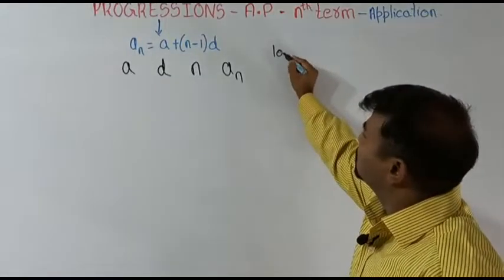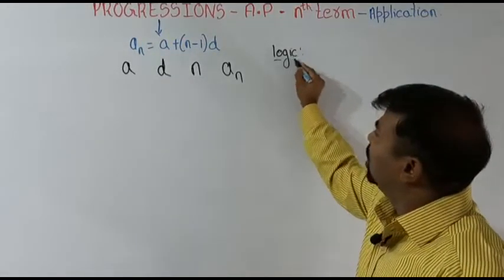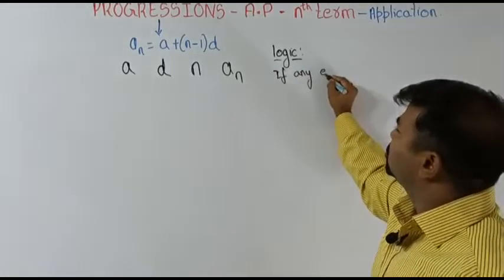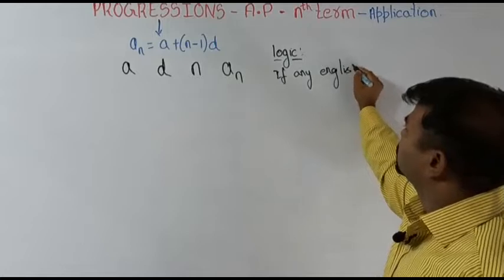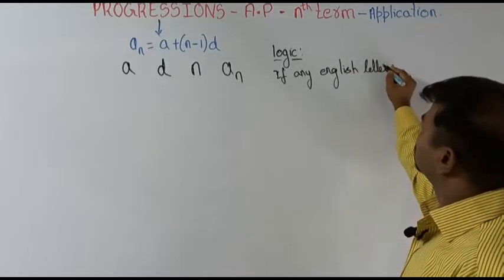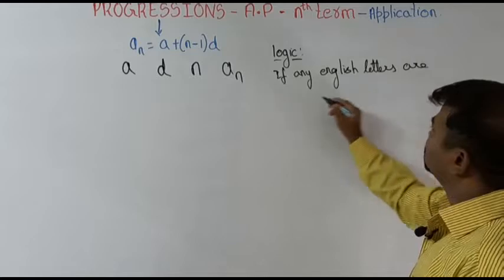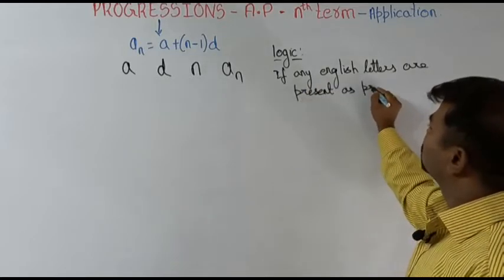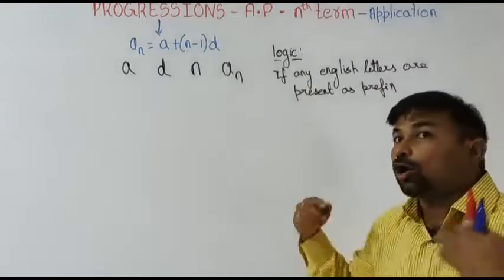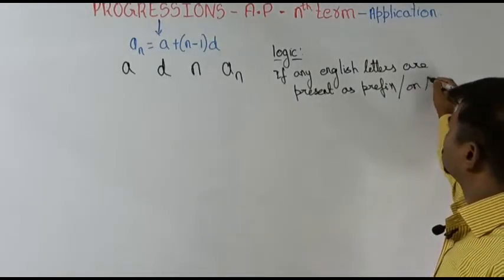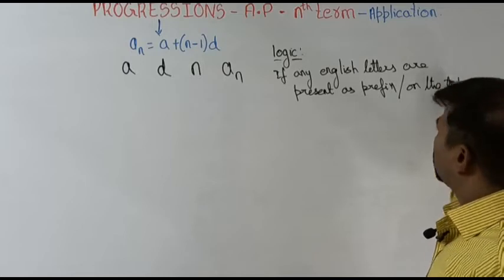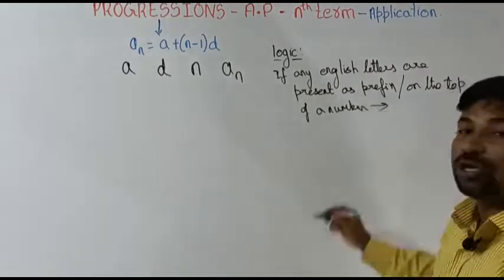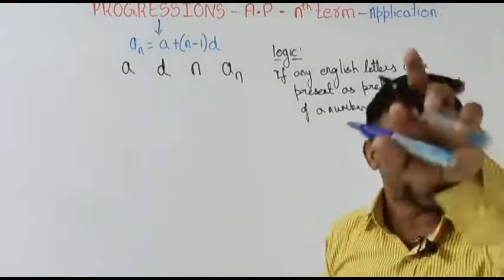The logic says: if any English letters are present as a prefix, or on the top of a number, we plug that in the place of n.